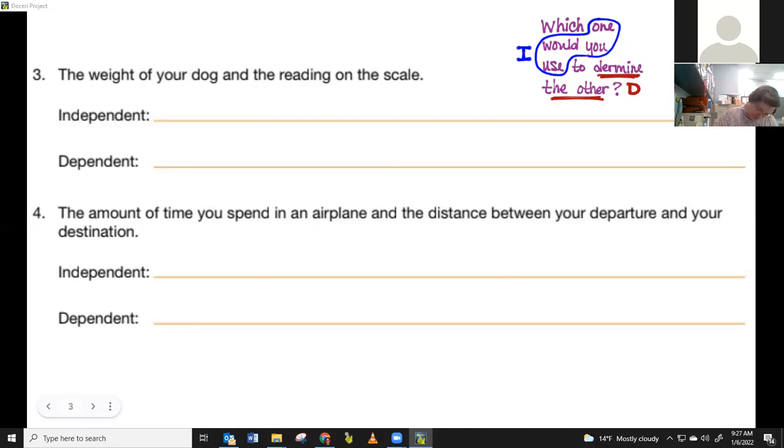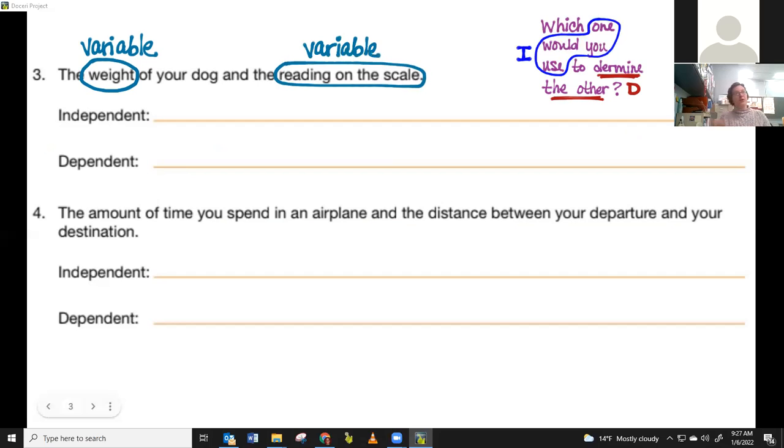Weight is a variable. And the scale, yep, reading on the scale, or the number on the scale. All right, so the first variable in this sentence is the weight of the dog. Would you use the weight of the dog to determine what the scale is going to say? If that's the case, you're going to say it's the independent variable. Or would you use what the scale is going to say to determine the weight of your dog?